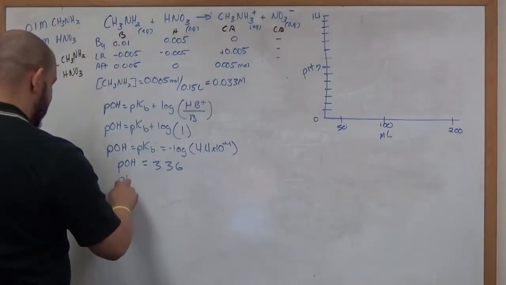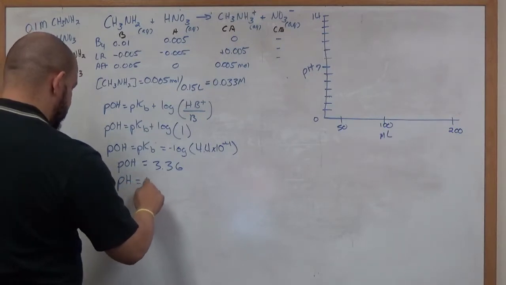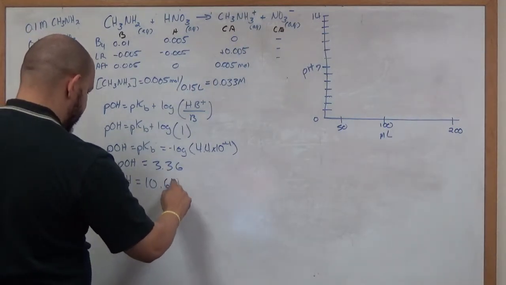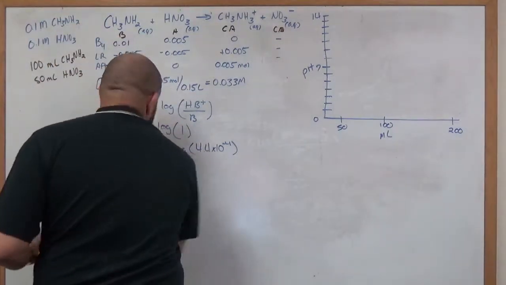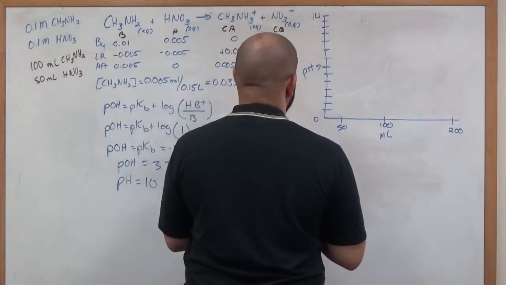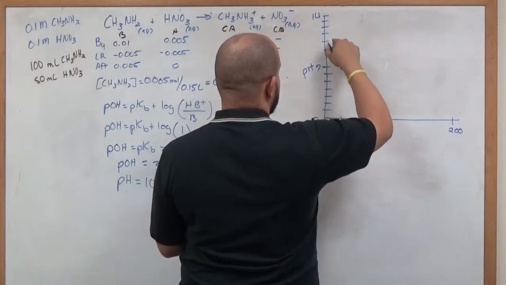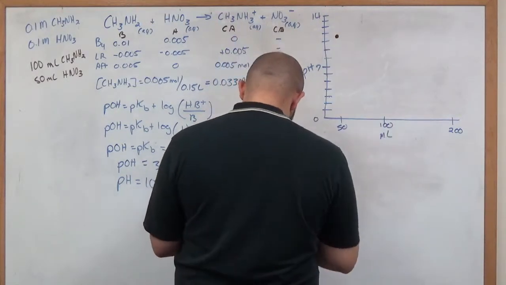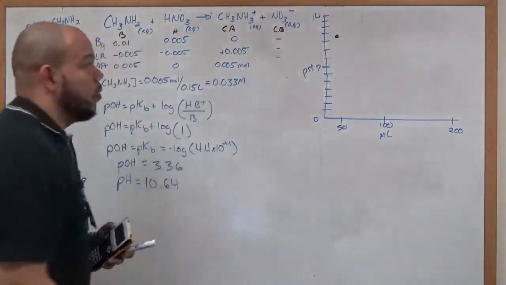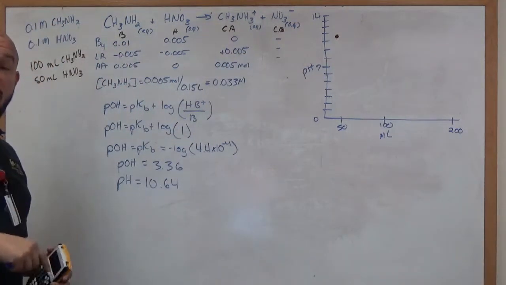So pH is equal to 10.64. So let's go to our chart and I'll do this in a different color. So a little higher than 10, 8, 9, 10.64 at 50 is roughly about there. Okay, so we are before equivalence.